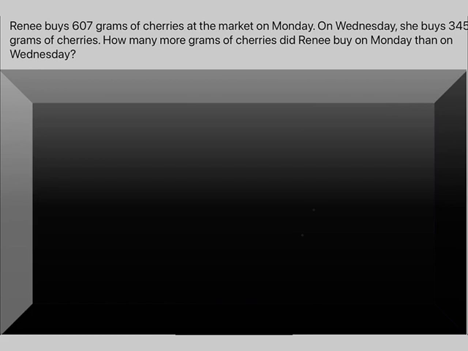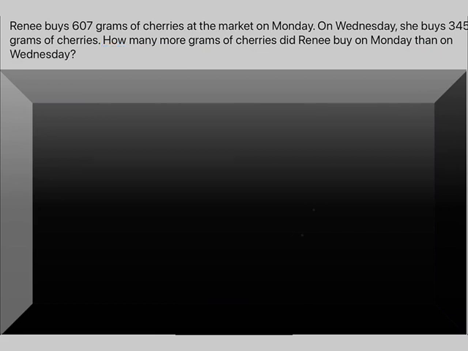Okay, the question here is, Rini buys 607 grams of cherries at the market on Monday. On Wednesday, she buys 345 grams of cherries. How many more grams of cherries did Rini buy on Monday than on Wednesday?